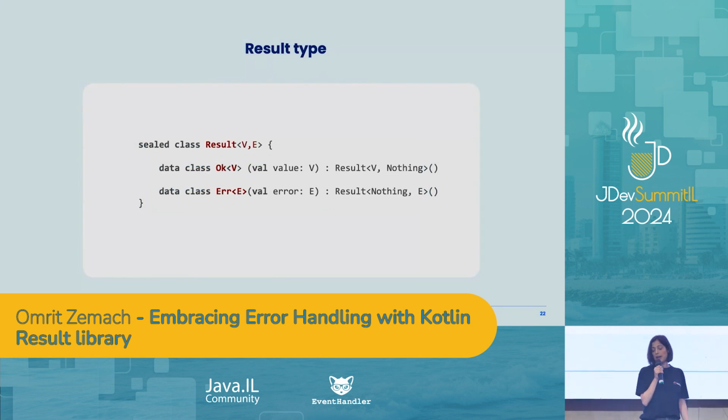The Result library offers the Result monad type, which is very similar to the wrapper we created before. It encapsulates either the success value or the error, and if one is initialized, the other is not. It also offers the Ok and Err constructors to initialize each one of them.